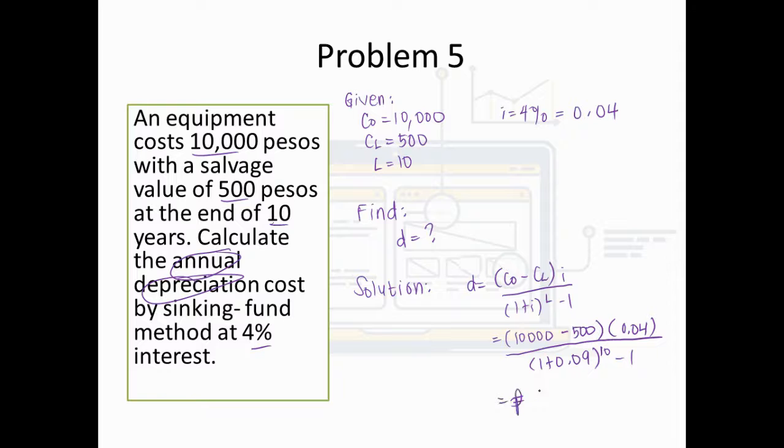So, using your calculator, you should be able to find the final answer, which is 791 pesos and 26 centavos. So, the annual depreciation of the given equipment is 791 pesos and 26 centavos.